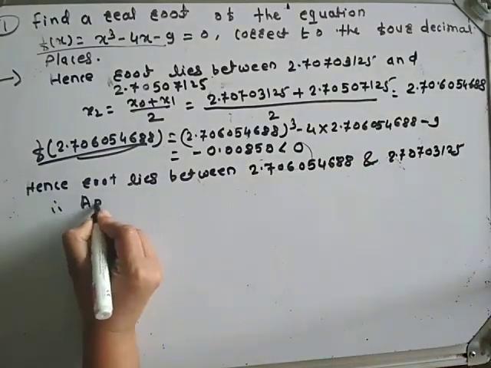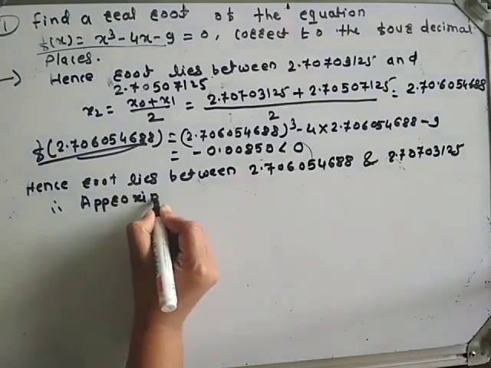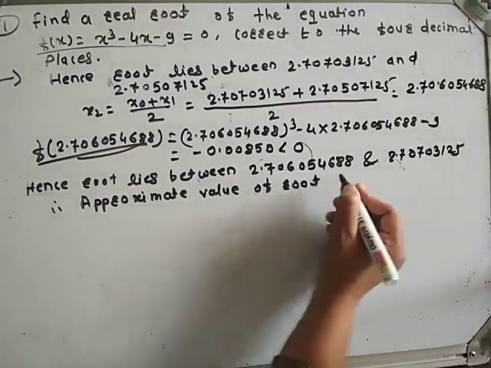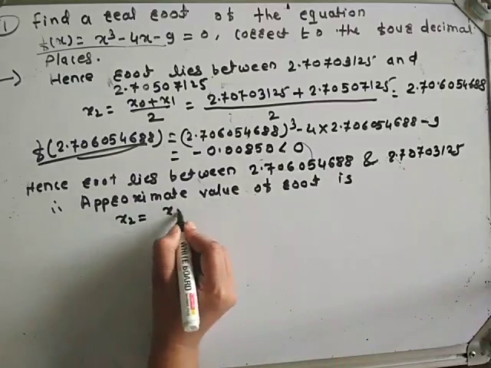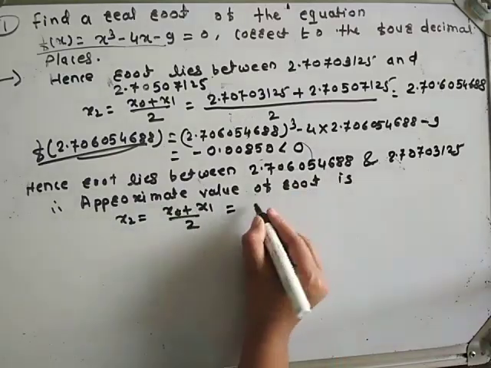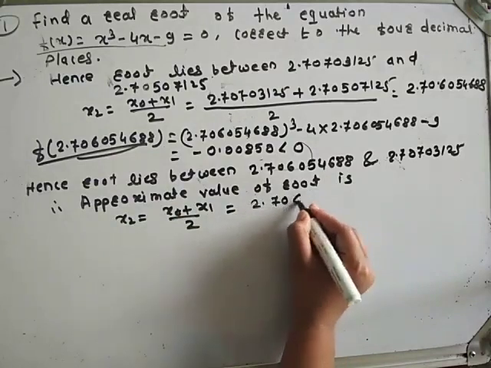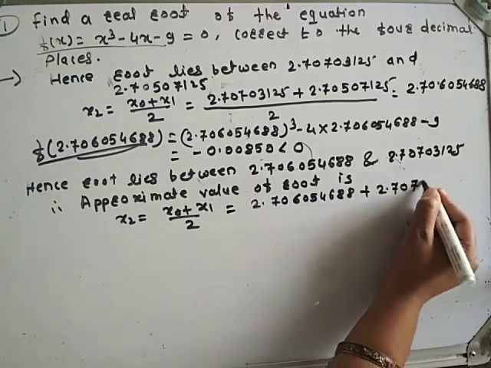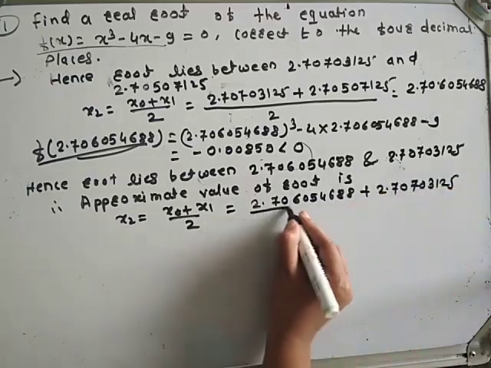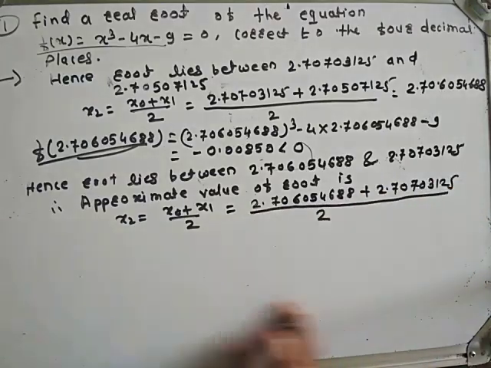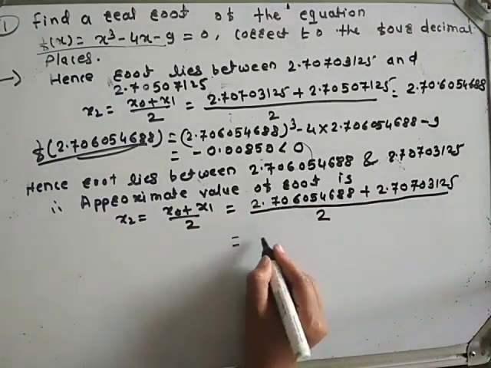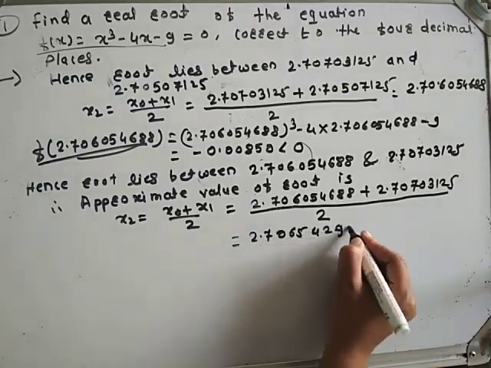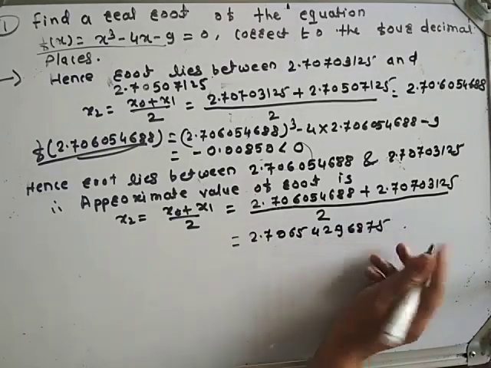Therefore, the approximate value of the root is x2, which is equal to (x0 plus x1) upon 2, which is equal to 2.70605468 plus 2.70703125 upon 2, which is equal to 2.7065429685.